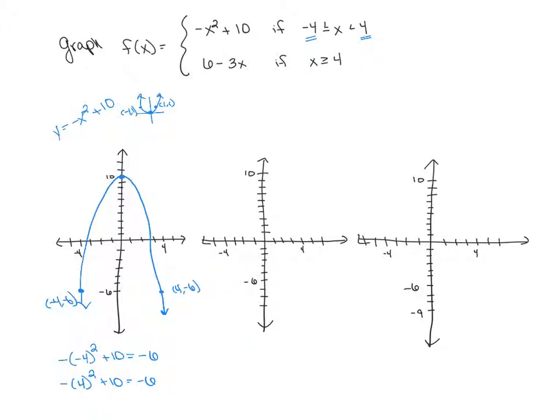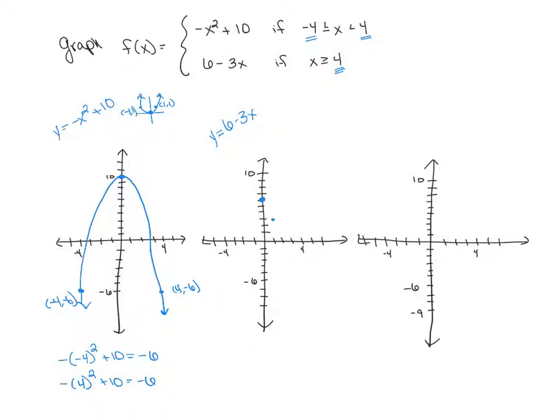Then my other equation, y equals 6 minus 3x. I know I'm going to cut off, again, around this 4. So that could help me with my points. I know I have a y-intercept at 6. I have a slope of -3. So we're going down 3, right 1.